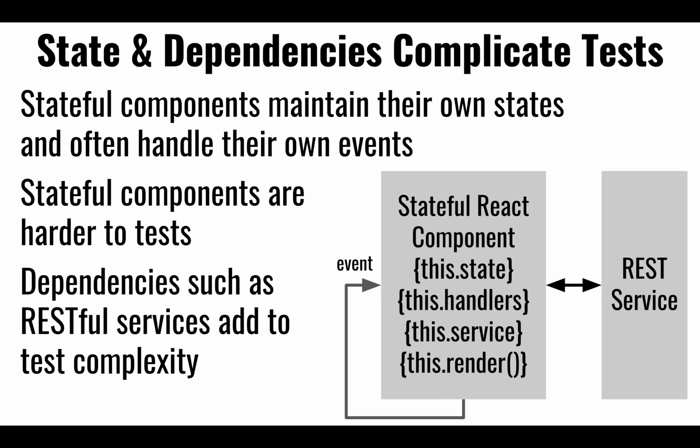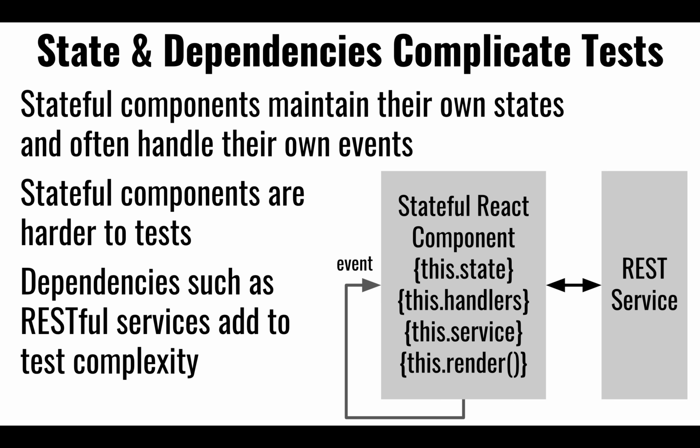It also has dependencies with a remote data source. It needs to go out and fetch data from somewhere else in the system, presumably through a RESTful web service, and then retrieve this data, update its own local state and re-render the component.